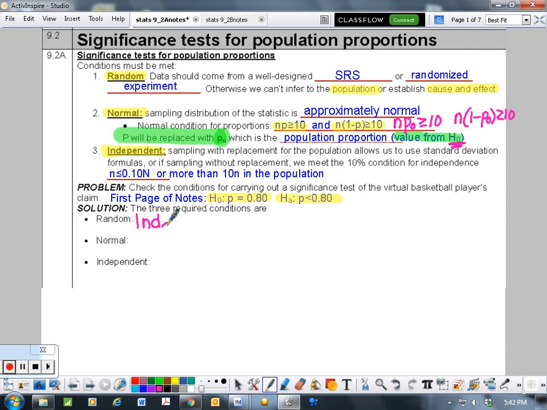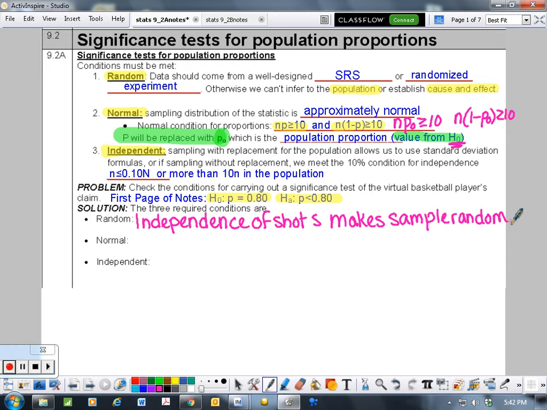Independence of shots makes the sample random. So we took a selection of 50 shots, and then we check to see if it's normal.